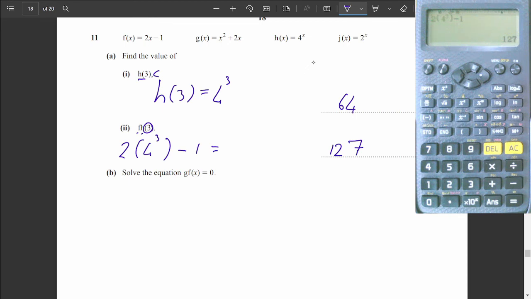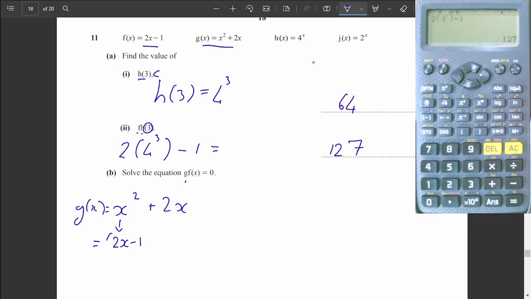Then it tells us solve the equation, the function of g, the function of f equals 0. So let's write first the function of g is x squared plus 2x. That's the function of g. Let's write it down like that. Then inside that, we put the function of f. So where the x squared is, we now need to put f, which is 2x minus 1.